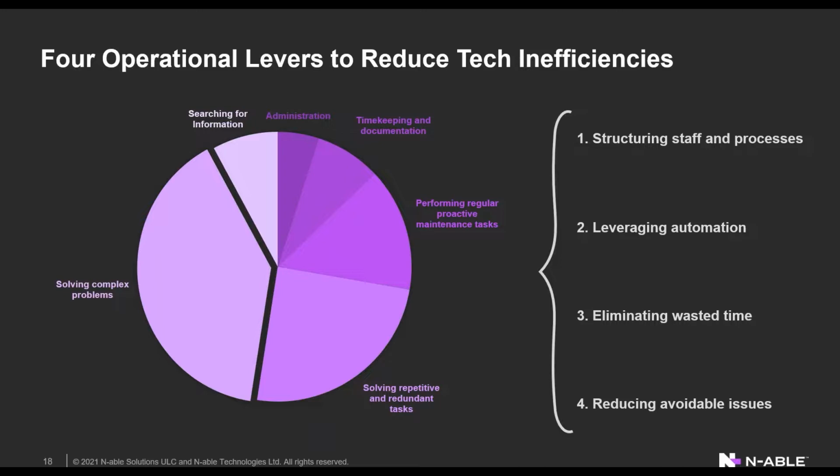Let's reduce avoidable issues by, if we see problems popping up commonly in our proactive maintenance, attacking the root causes, and we can structure our staff to take care of these appropriately. I should not have someone with a CISSP handling monthly maintenance. It doesn't work like that. We can put them on a complex problem to make more money. Okay. So determining the levers that we're going to be pulling for each of these sections.